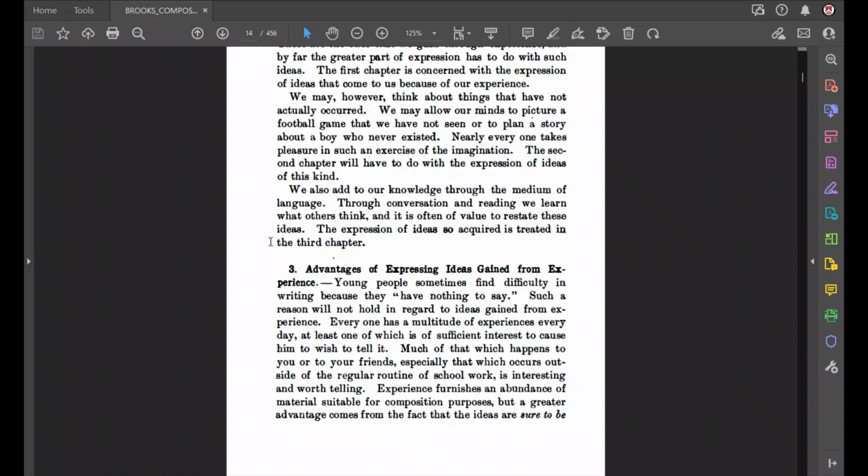Every day we have experiences. And every day there's some experience that we have that's interesting that we share with someone. Much of that which happens to you or to your friends, especially that which happens outside of the regular routine of schoolwork, is interesting and worth telling.